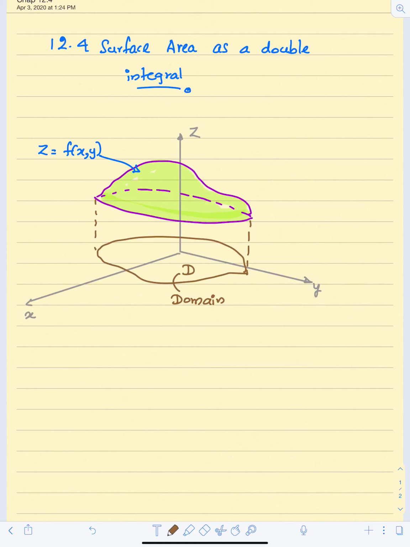Okay, now here I am going to consider two things. In general, I am going to consider an area element on the xy plane. This is dA. This is an area element on the xy plane, and correspondingly we are going to consider an area element on this surface.